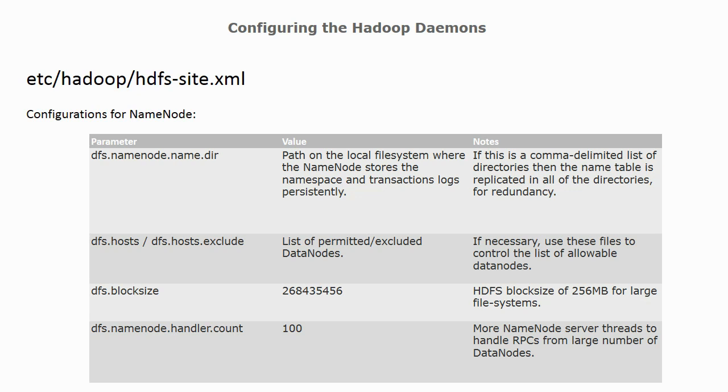And you need to say where in the local file system you want the name node to store the metadata files. So this is the local file system of the PC on which the name node is running. So say C users, your name, or somewhere, and say, okay, this is where I want all the metadata files to be written. Okay, so it's as simple as that.